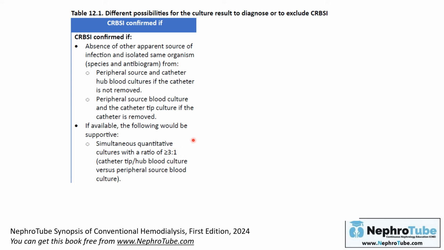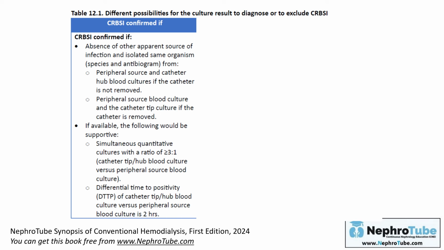This means that the quantity of the causative organism in the catheter culture is more than that in the blood culture in the ratio 3:1, and this is logical because the catheter is the main source of the infection.